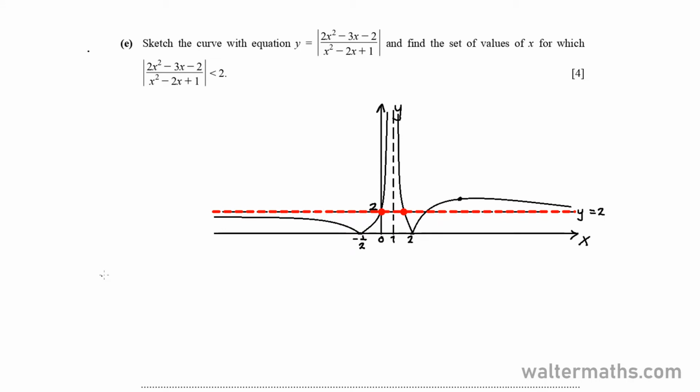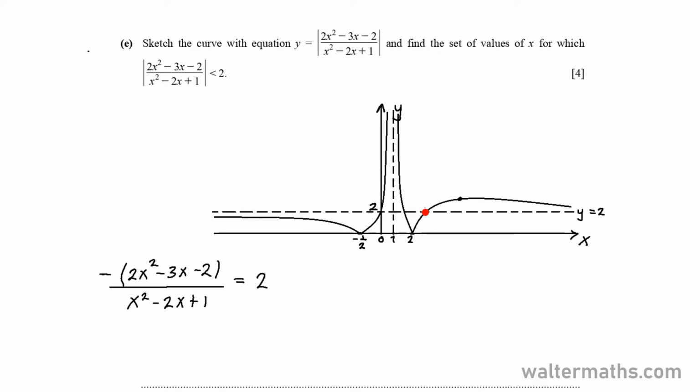So I'll write them as y is equal to minus of (2x squared minus 3x minus 2) over (x squared minus 2x plus 1), and that's where it intercepts the line y is equal to 2. So we are going to solve for x for this.